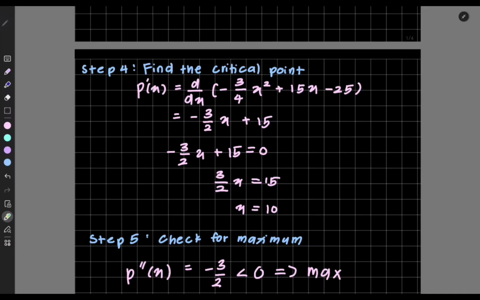To find where profit is maximized, we take the first derivative of the profit function.